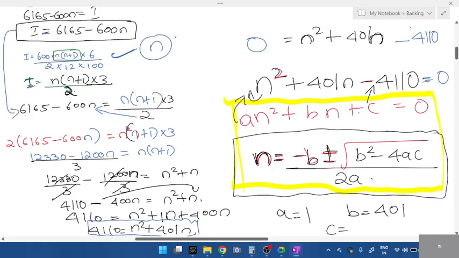And take C with the sign, student. C is minus. C value is minus 4110.